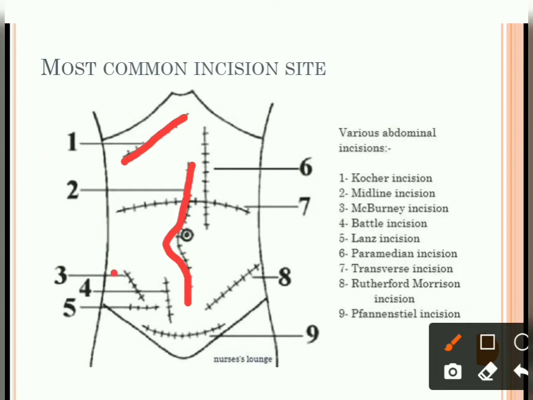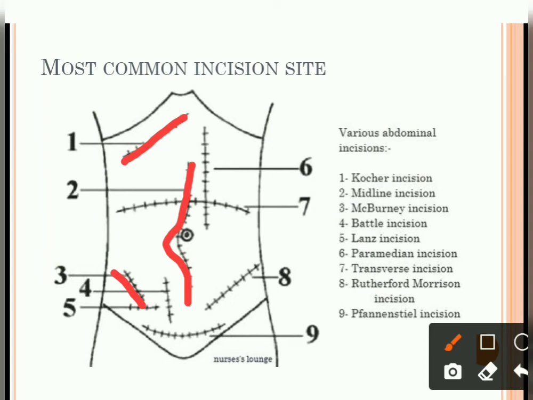Third, we have our McBurney's incision or our gridiron incision. It provides a good exposure for performing open appendectomies and is made obliquely at the McBurney point, two-thirds from the umbilicus to the anterior superior iliac spine. So, this is for your appendectomies.